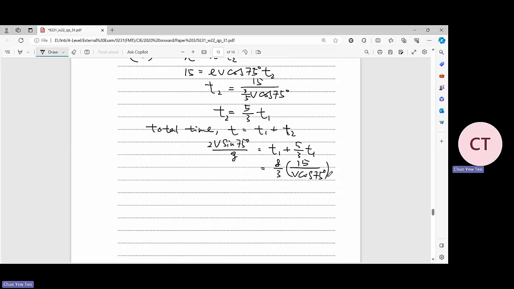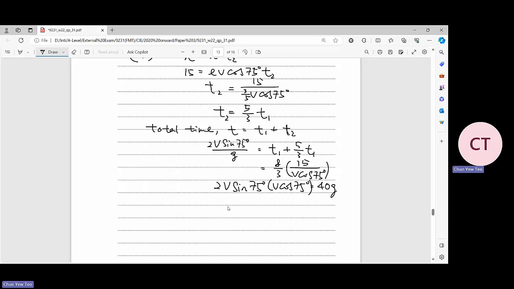Now what you need to do is try to get rid of the denominator, or consolidate all the V together. So you have 2V sine 75 multiplied by V cos 75 equal to 40G.